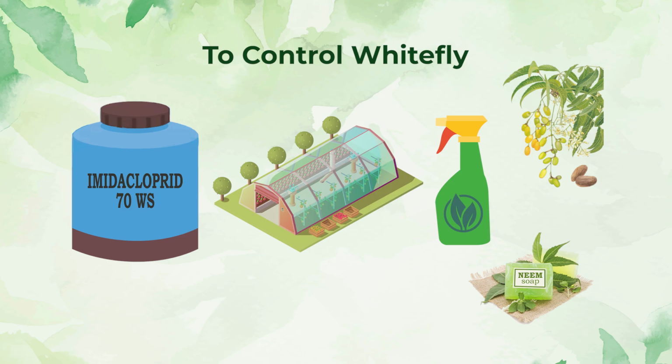An alternate spray of neem seed kernel extract NSKE 4% or neem soap at 10 gram per liter or dry azophos 40 EC 10, 20, 30 and 45 days after transplanting is effective for the control of whiteflies.